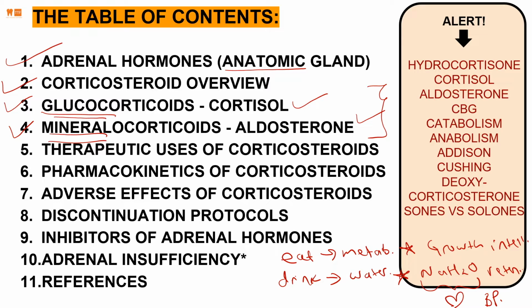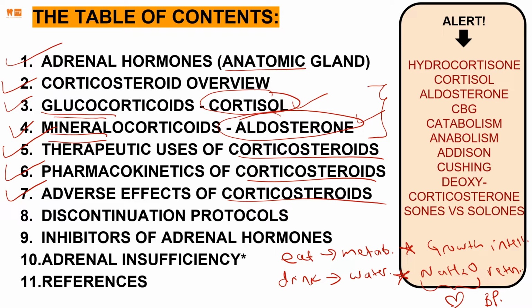And then we'll take a look at therapeutic uses, pharmacokinetics, as well as adverse effects of all corticosteroids, whether they are glucocorticoids or mineralocorticoids. For glucocorticoids, cortisol is the major natural one, and then of course for mineralocorticoids it is aldosterone, natural.